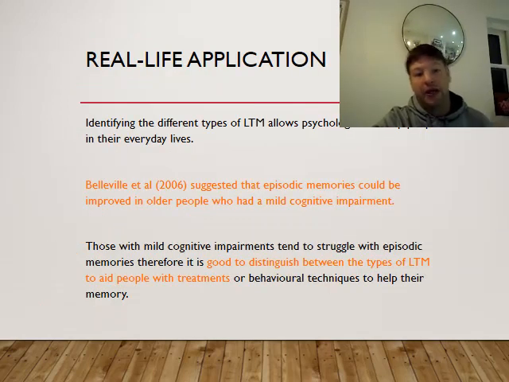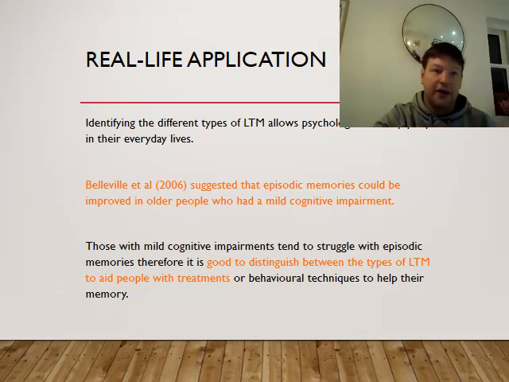Okay, real-life applications. Identifying different types of long-term memory allows psychologists to help people in their everyday lives. Belleville et al. 2006 suggested that episodic memories could be improved in older people who had mild cognitive impairment. So whenever we talk about a real-life application, it's as simple as that. Has the evidence that has been found been used by somebody, in hospitals or by governments, to actually change the way they think?